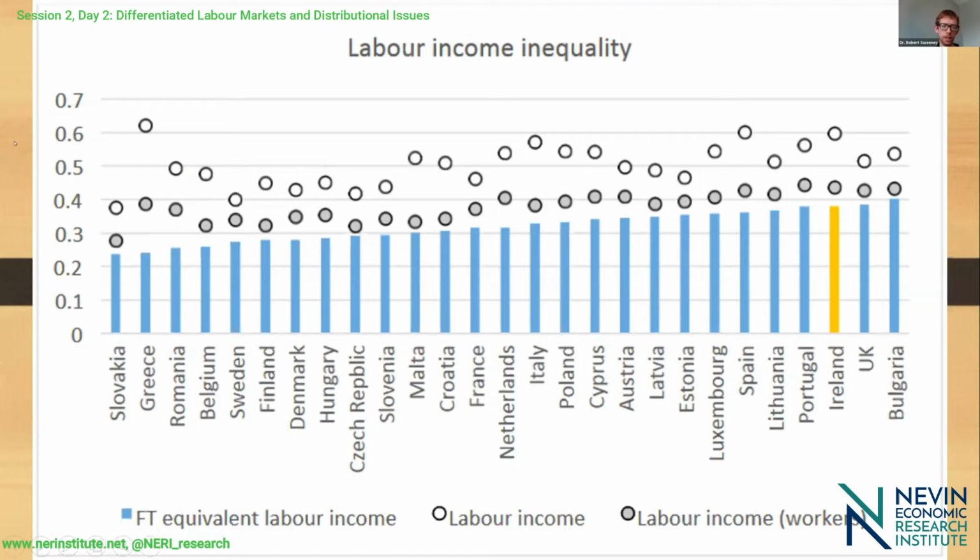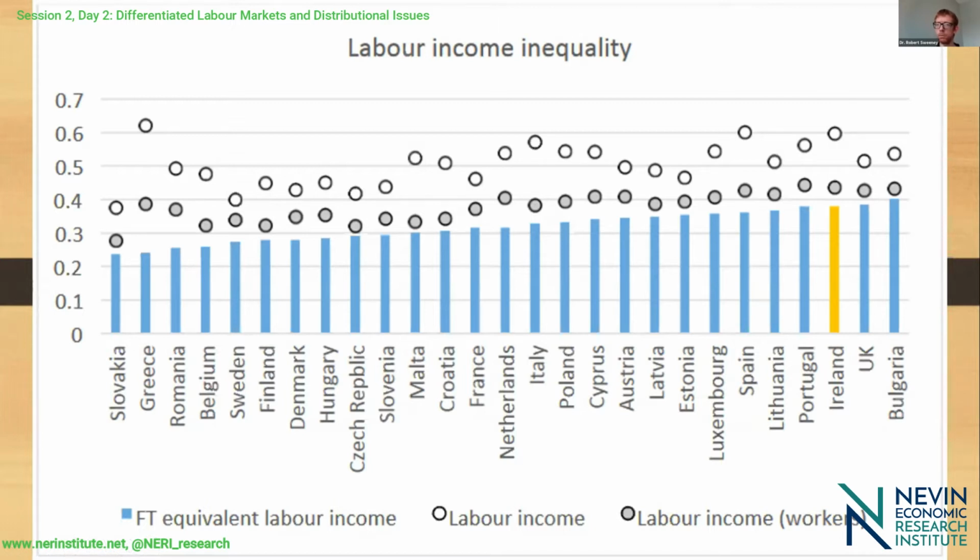Higher Gini means higher inequality, and the white dot looks at inequality among the population, excluding retired people and students, and it's labour income inequality, meaning that it's inequality of employment and self-employment earnings, so the total income you get from work and how equally or unequally that is distributed. So we see that when you look at the population, excluding retired people and students, Ireland has an unequal distribution of labour income.